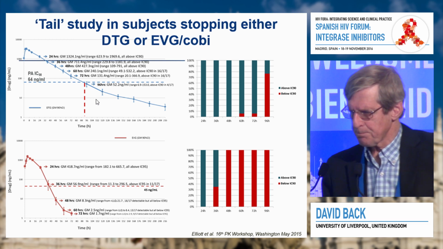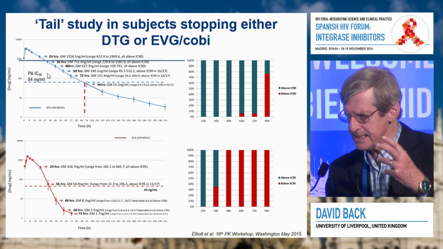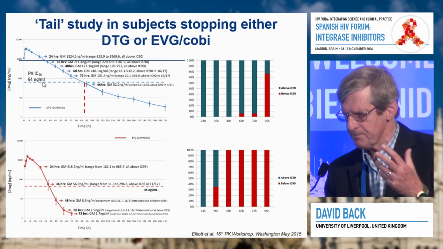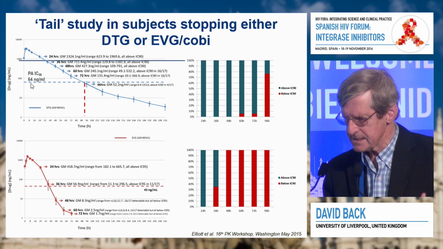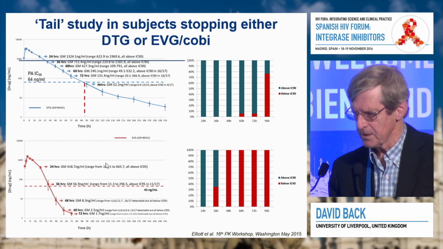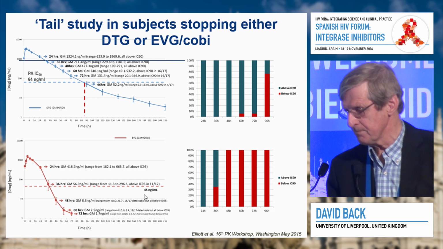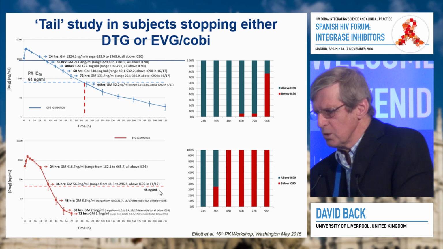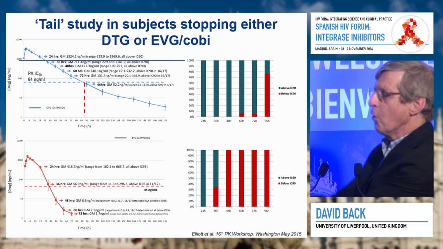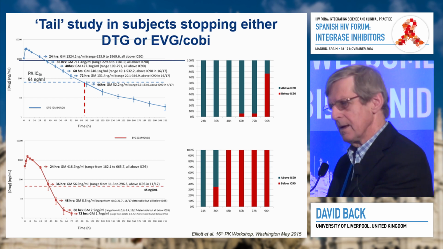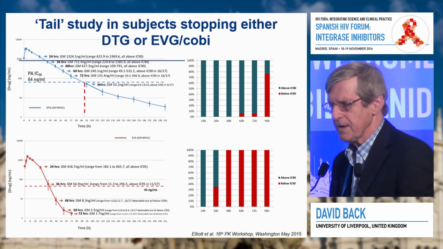If we use this protein-adjusted IC90 that we talked about previously, which for dolutegravir is 64 nanogram per mil, for elvitegravir is around 45 nanogram per mil, and you said, well, would subjects be above or below that target during this decline phase?